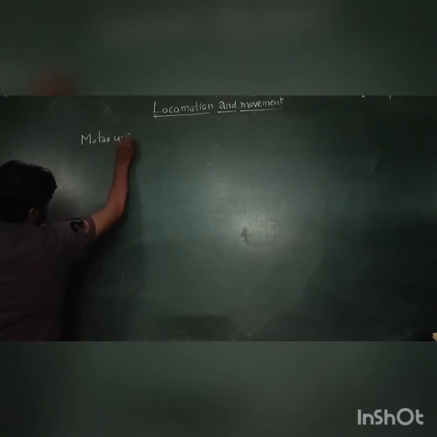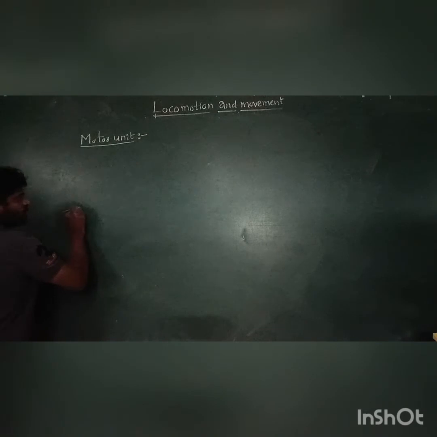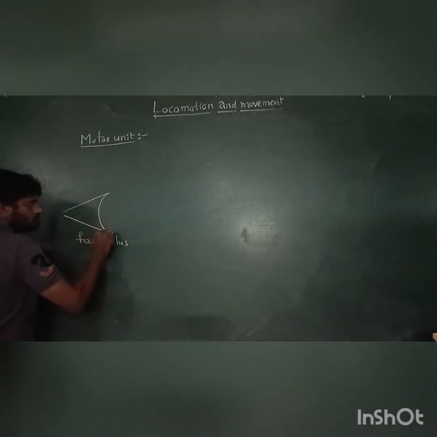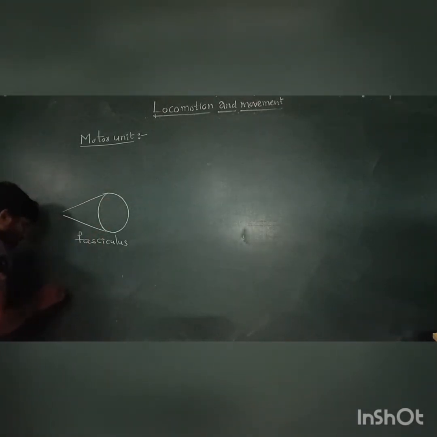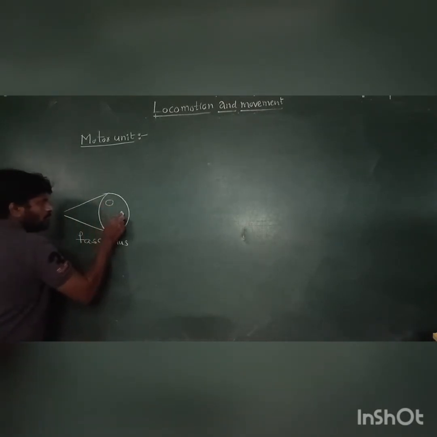I repeat again, a motor neuron of the central nervous system innervates muscle fiber after muscle fiber. This total unit is called the motor unit. But there is a small junction between the muscle fiber and the nerve ending.